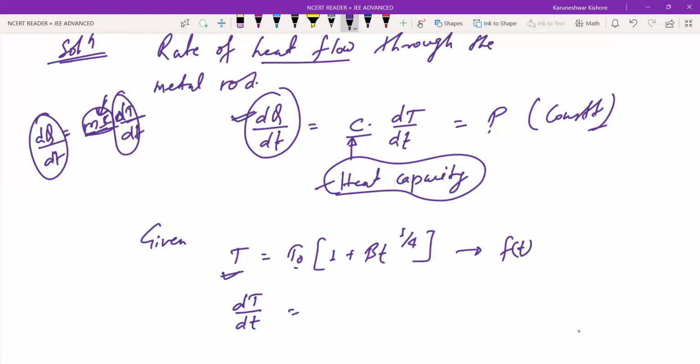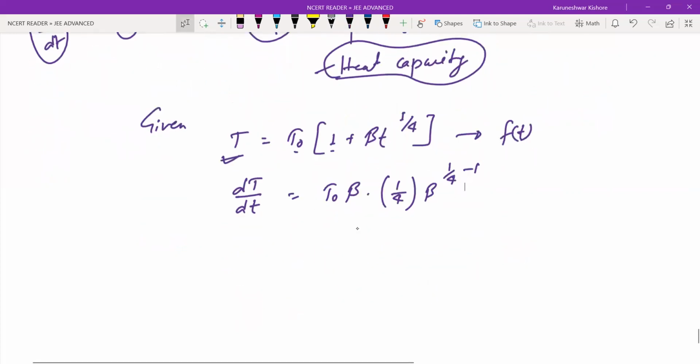So the first term will be T naught, which is a constant value, so its derivative will be 0. Then the second term will be T naught times beta, times 1 by 4, times (1 plus beta t) to the power 1 by 4 minus 1. So we have dT by dt, which you can write as T naught beta divided by 4, times T to the power minus 3 by 4.